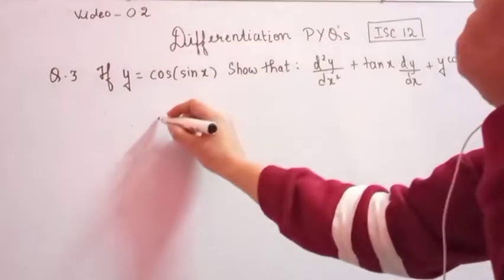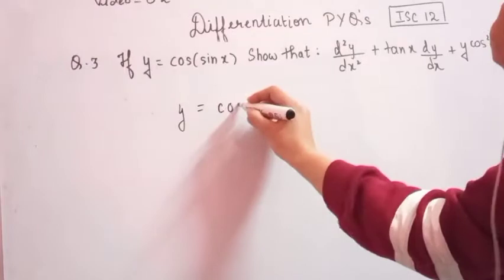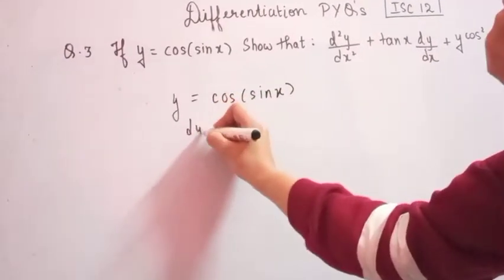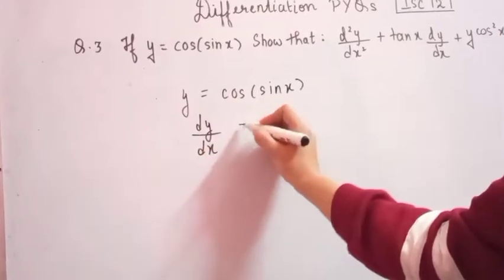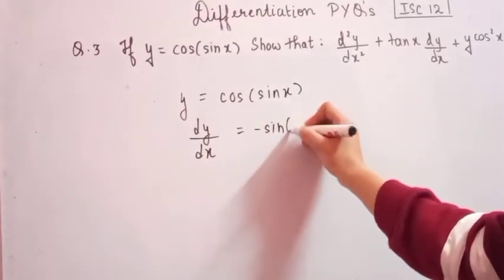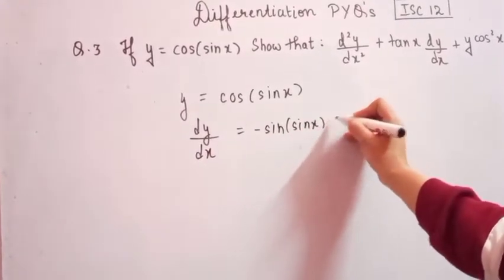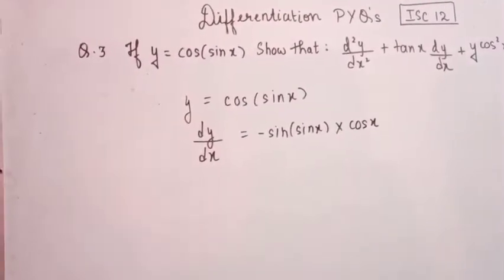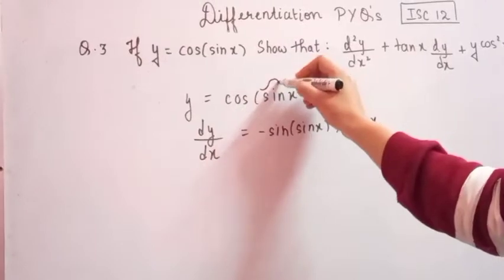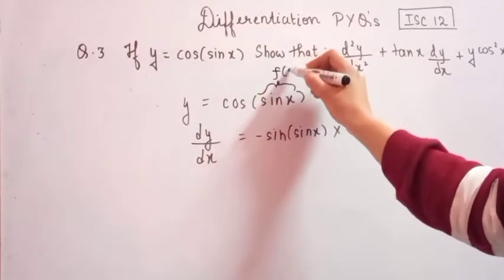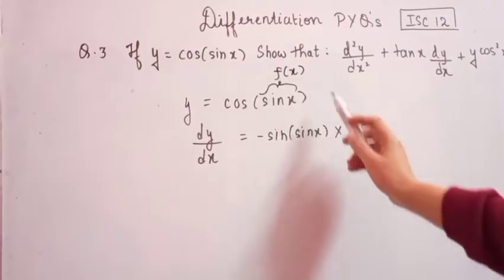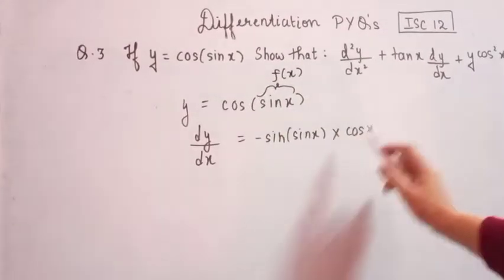So taking y equals to cos sin x, differentiating both sides, dy by dx is equal to minus sin of sin x into cos x. If you are confused while doing this question, just assume it to be f of x. So it becomes minus sin f of x into d by dx of f of x, that is cos x.